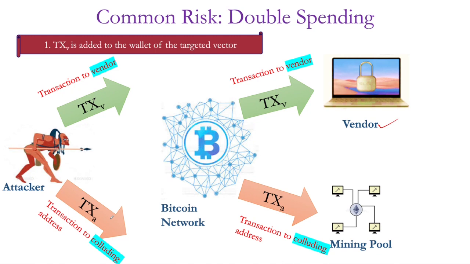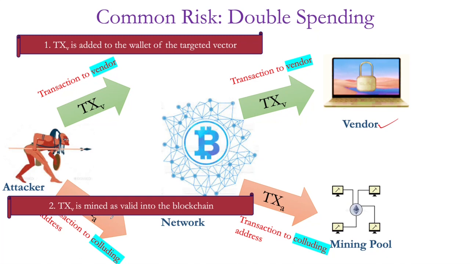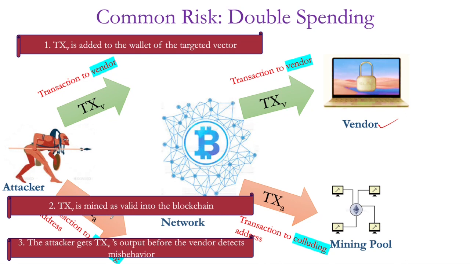The first condition is transaction V is added to the wallet of the target vendor, the second condition is that transaction V is mined as valid into the blockchain, and the third one is the attacker gets TV's output before the vendor detects the misbehavior.